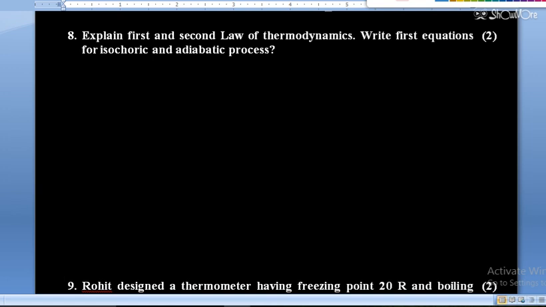So first of all you have to know the first law of thermodynamics. The first law of thermodynamics states that change in heat is equal to, when we supply some heat to the system, then some heat is converted into internal energy.